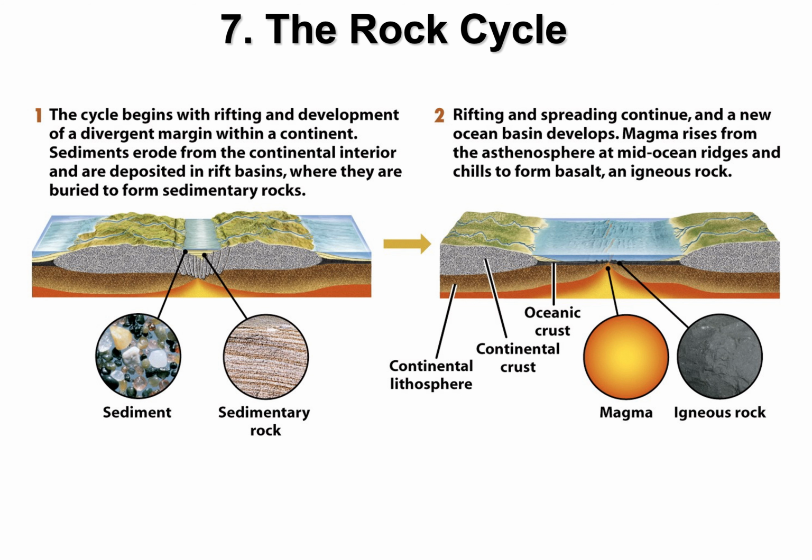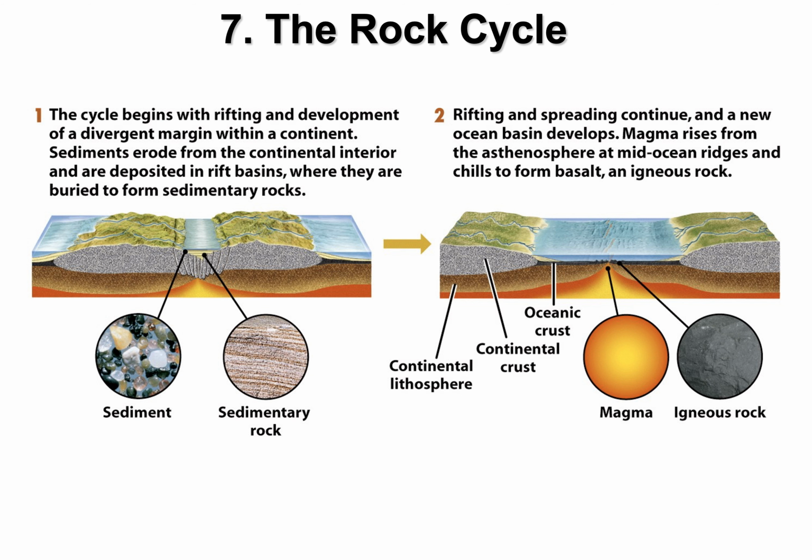So, number 1, the cycle begins always with rifting and development of a divergent margin within a continent. That means sediments erode from the continental interior and are deposited in the rift basin, where they are buried to form sedimentary rocks.